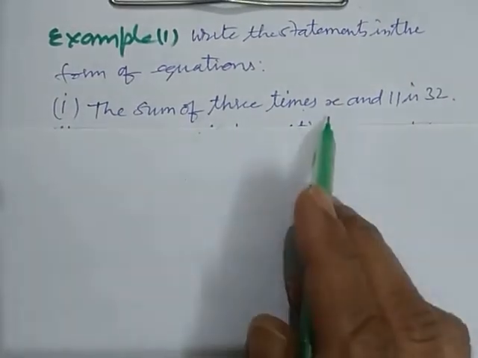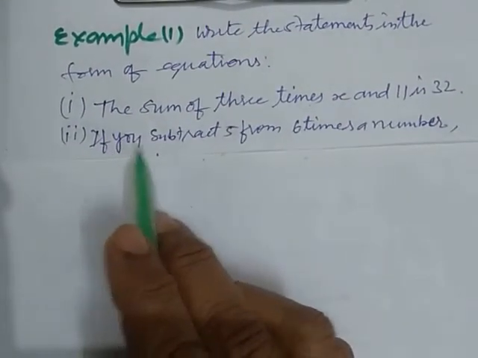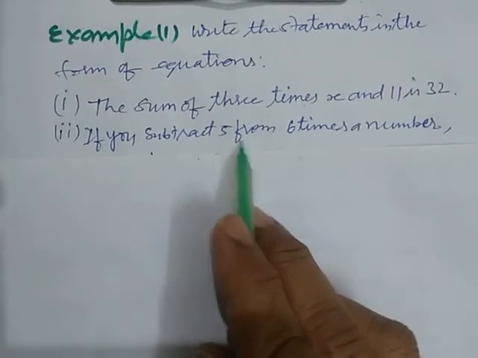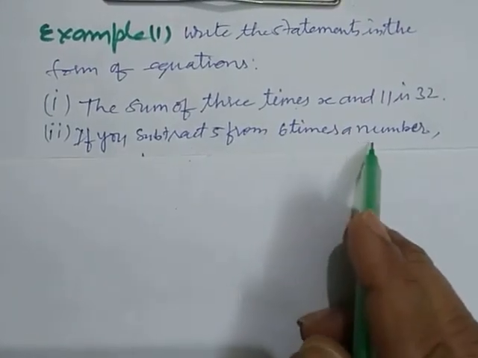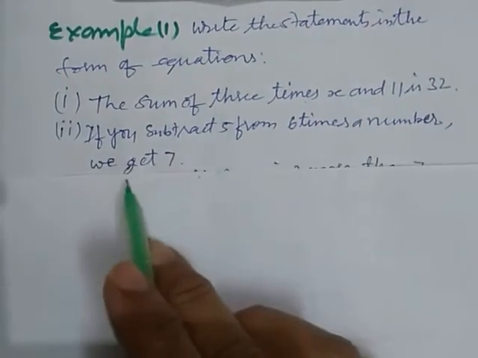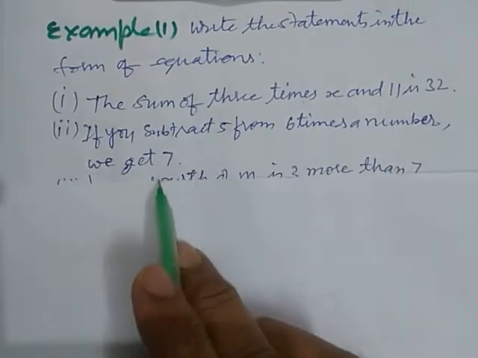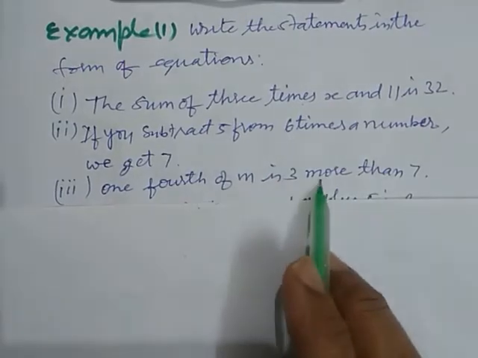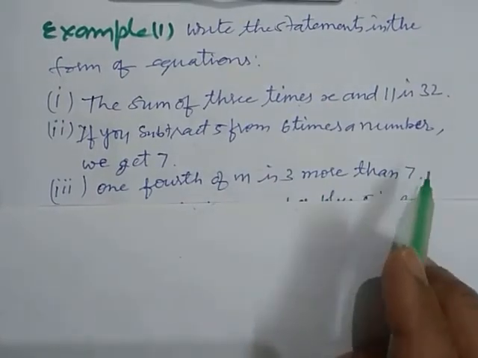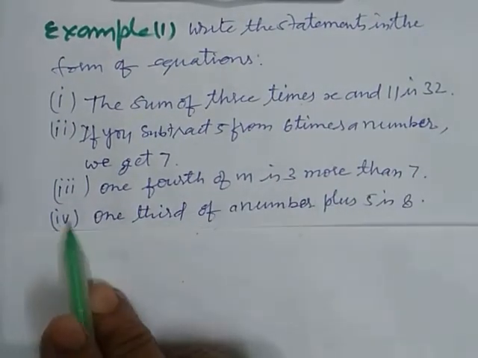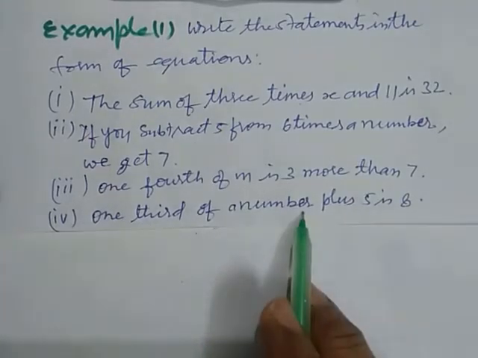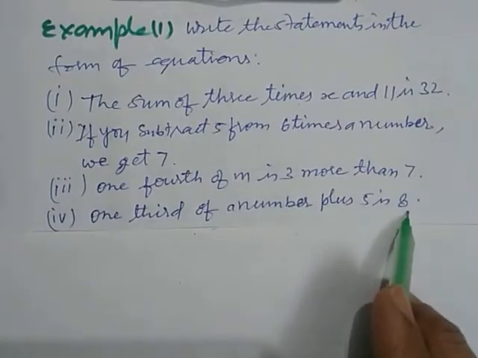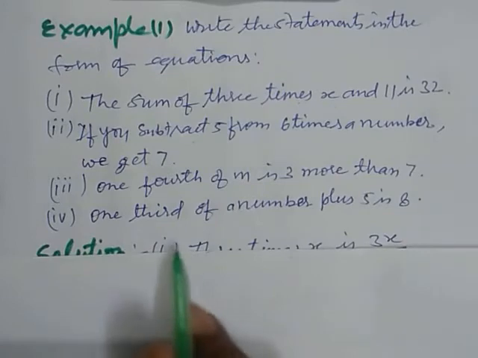Second statement: if you subtract 5 from 6 times a number, we get 7. Third: 1/4 of m is 3 more than 7. Fourth: 1/3 of a number plus 5 is 8.